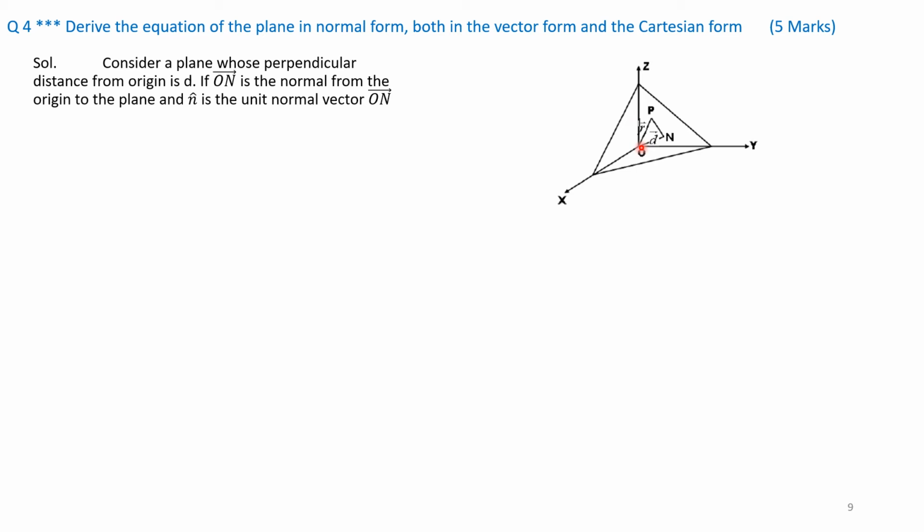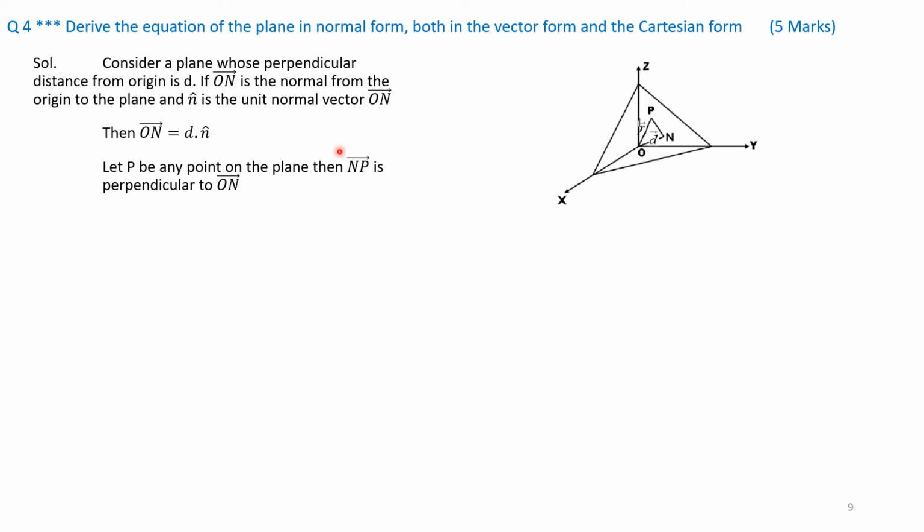O is the origin, x, y, z are the coordinates, and ON is the normal from the origin to the plane. So there is a plane, and n cap is the unit normal vector along ON. Therefore, ON is equal to d times unit vector n.